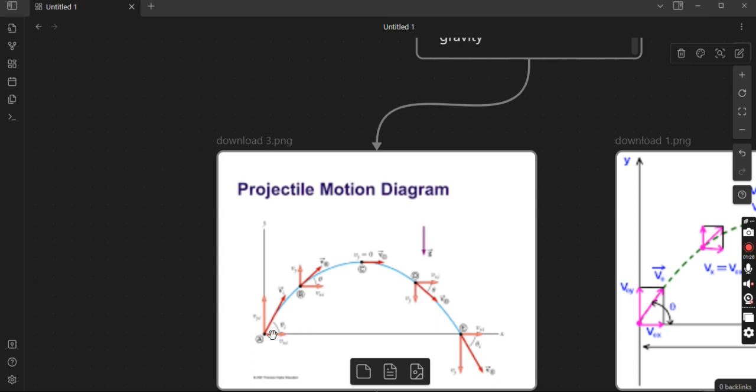The x component is constant, since the angle here is 0 it moves along the x axis, and we have vy which moves along the y axis. We use v1 when we are doing the calculations from point A to point C, because this is point A, this is point B, and then this is point C.